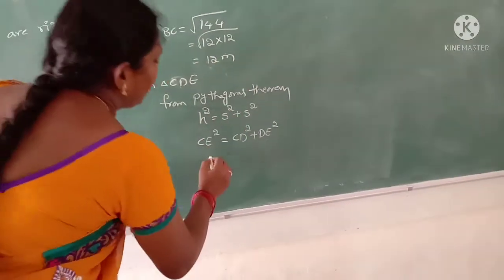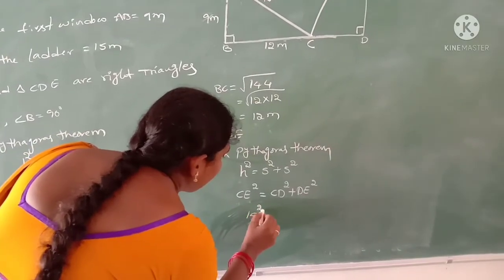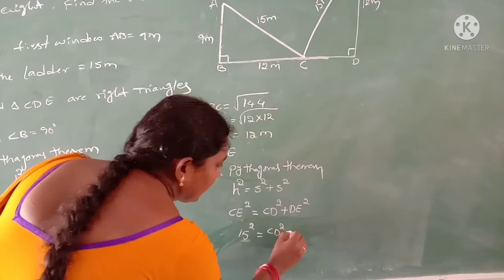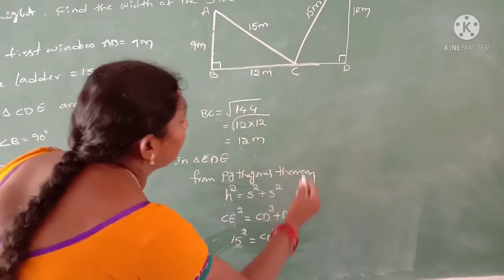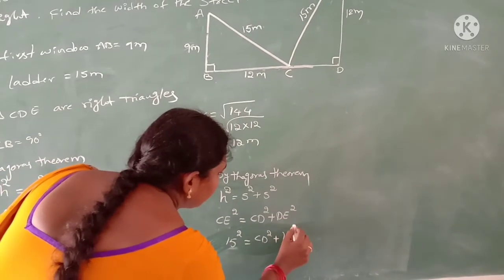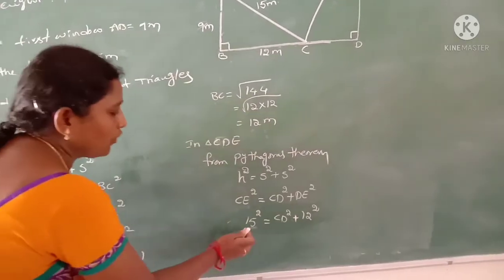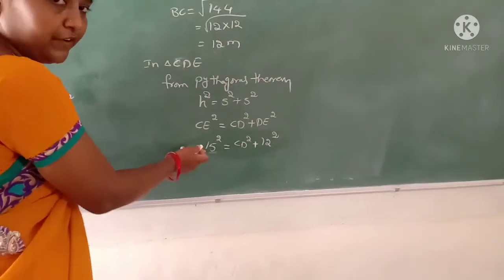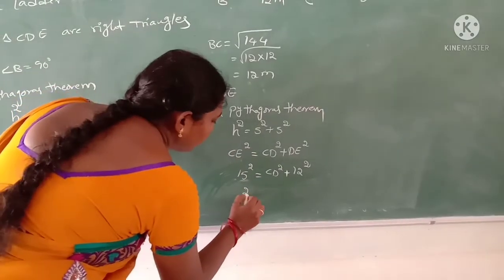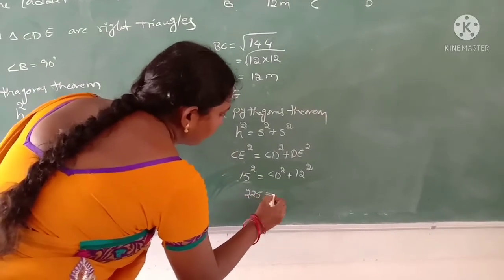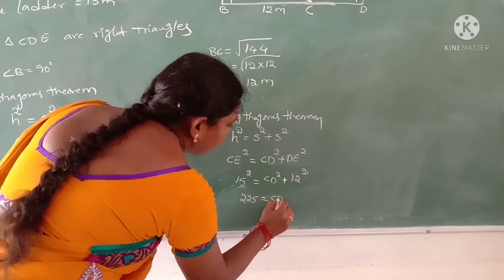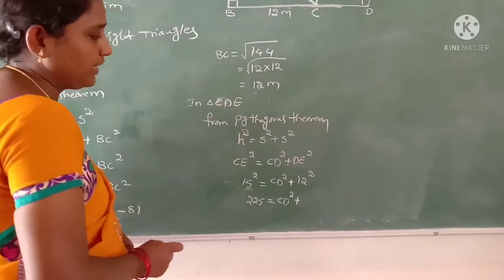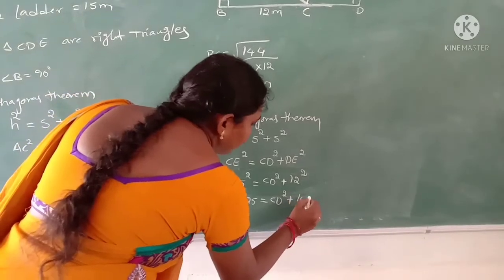Write the values. CE means 15 square equals CD square plus DE, which is 12 square. So 15 square means 15 into 15, 15 15s are 225. 225 equals CD square plus 12 square, 12 into 12, 12 12s are 144.